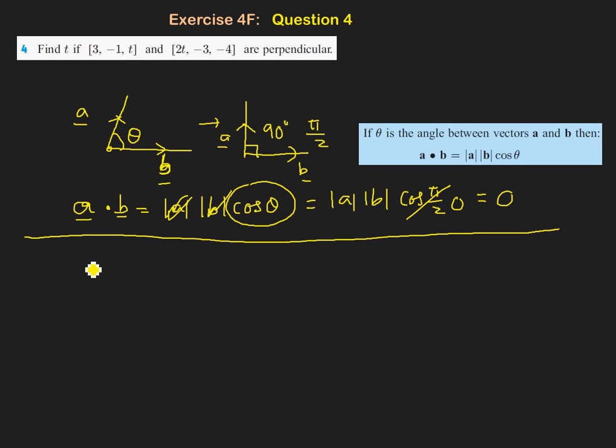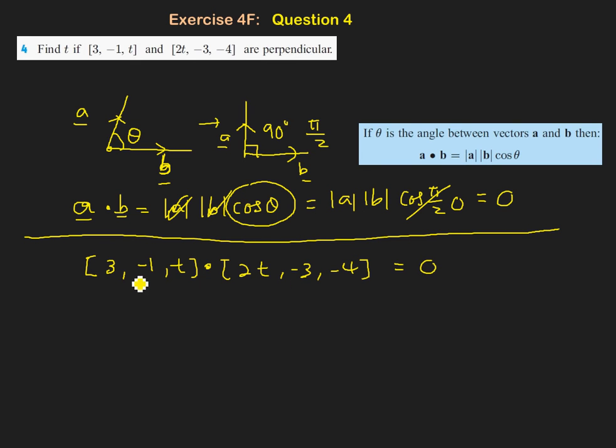So since these two are perpendicular, we dot them, and because they are perpendicular, what would the outcome be? Yes, it is equivalent to 0.